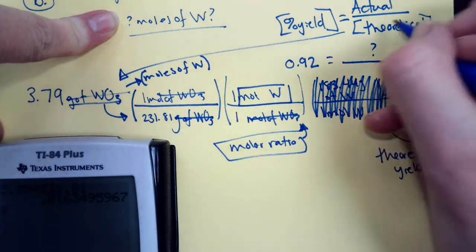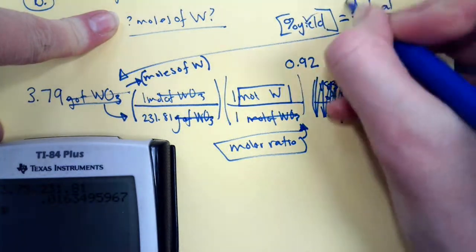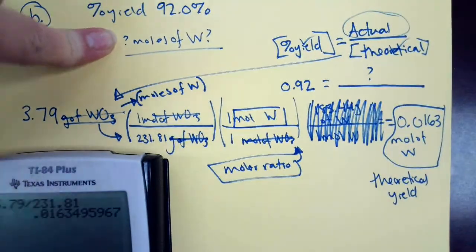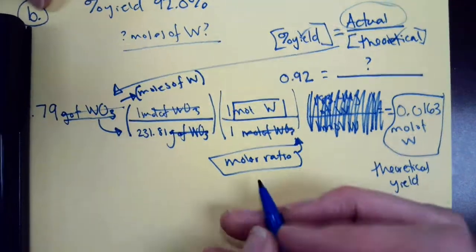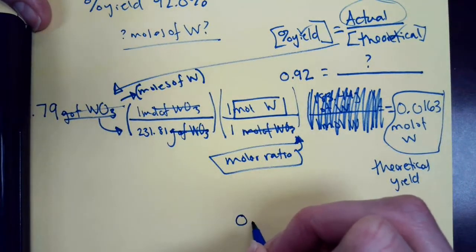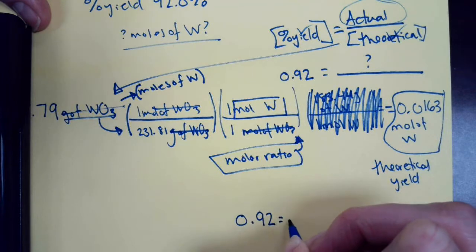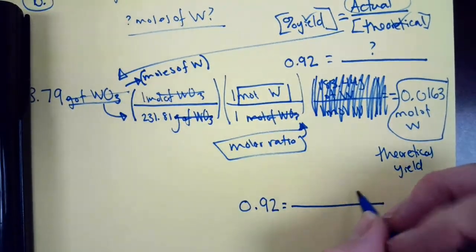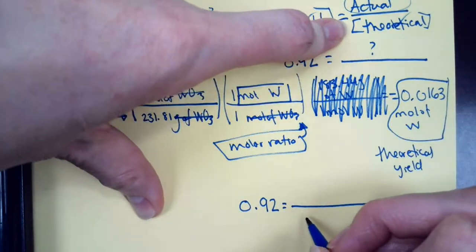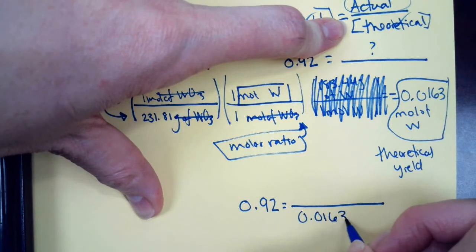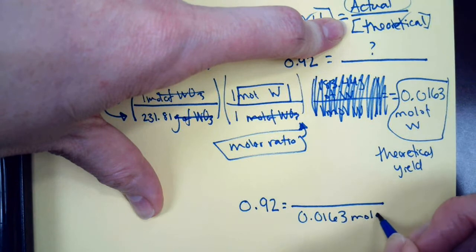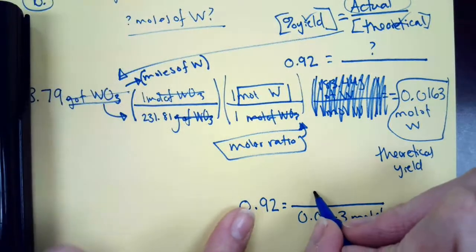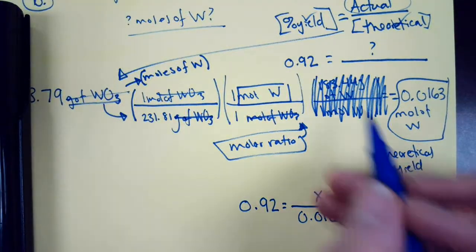So now I have theoretical and I have percent yield, so I can calculate my actual from this equation. So 0.92 equal to x over 0.0163, and you will solve for x, and that will give you your answer.